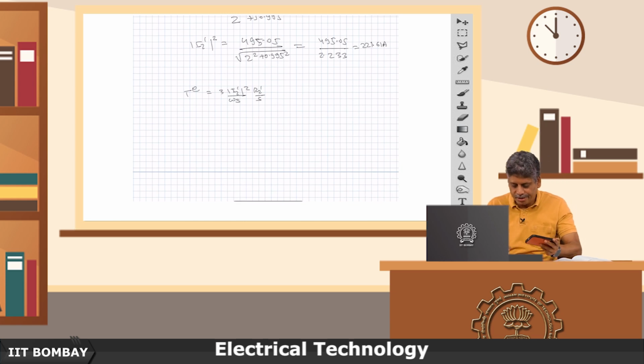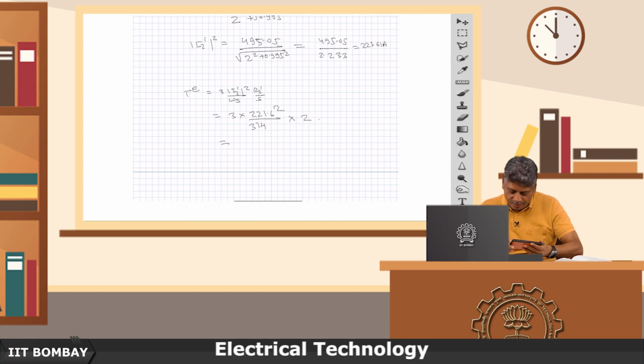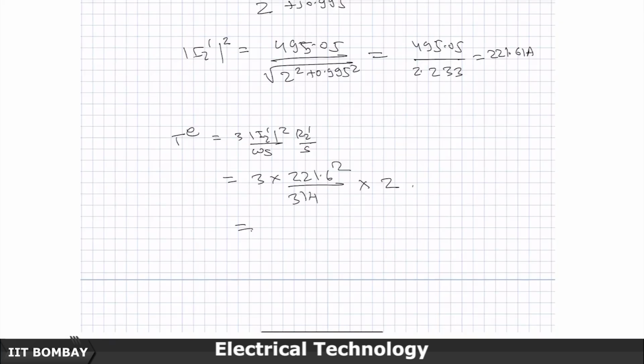In fact, usually it turns out to be quite a scoring exercise. 3 into 221.6 squared divided by omega s for a 2 pole machine, which I have already calculated as 314 radians per second, into R2 dash by S, which we have already calculated to be 2 ohms. So, this looks like it is going to be a large number. Let us see what it comes out to be.